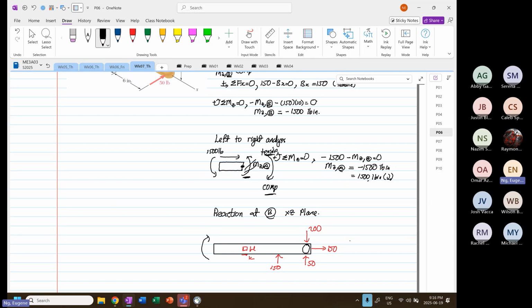If I were to draw this, this is X, this is Z, right hand rule, rotation about Y. So this is our positive assumption.